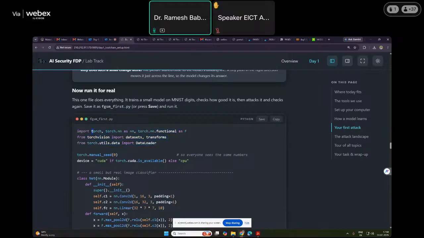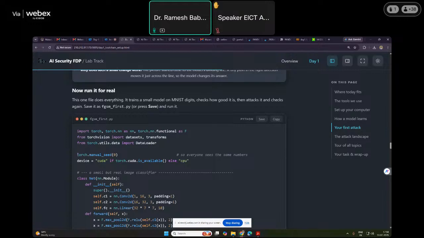Here we are importing torch and torch.nn, which is for neural networks. Then we are importing torchvision, which is very helpful for downloading data sets that we need for training and other stuff. Then we have DataLoader, which basically loads the data into the model. So these are basic packages which will be required to run this code snippet.